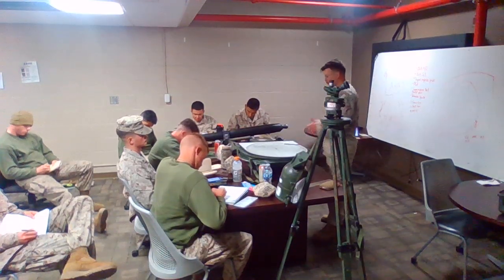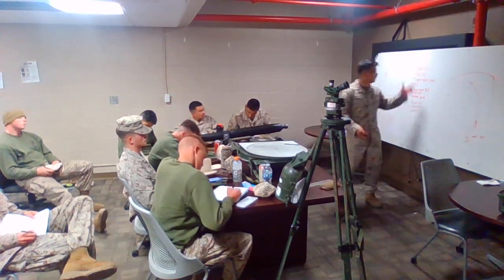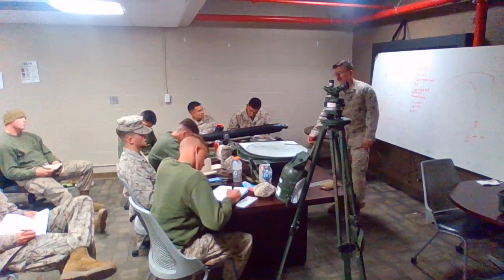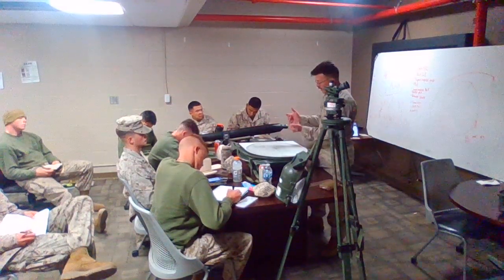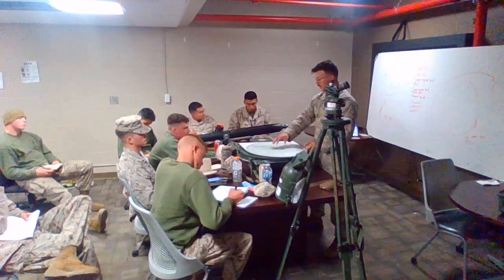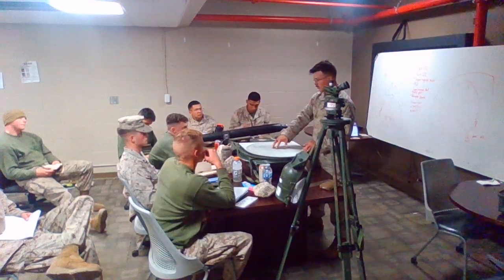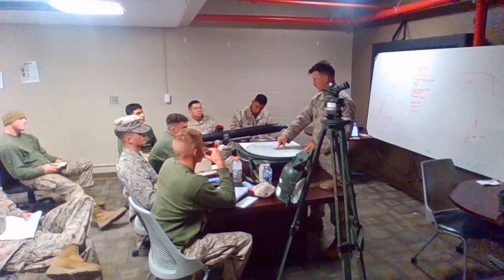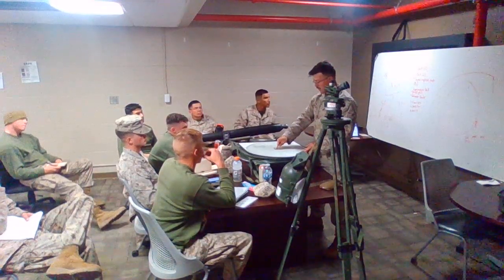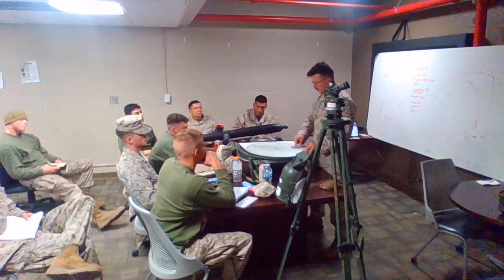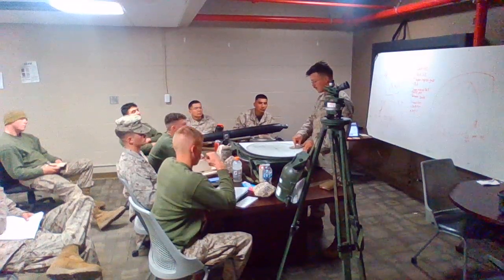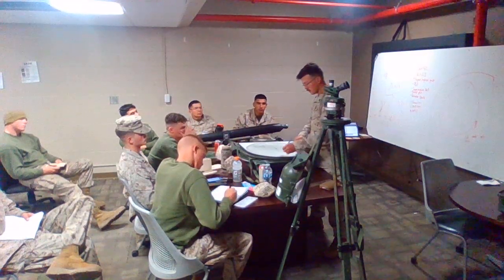Now that I have my grid intersect, I'm going to superimpose my grids. Like I said, my grid intersect is where the pivot point is, right? So I'm going to go down 2 clicks, down 2,000, and left 2,000.